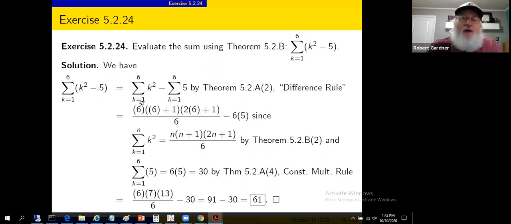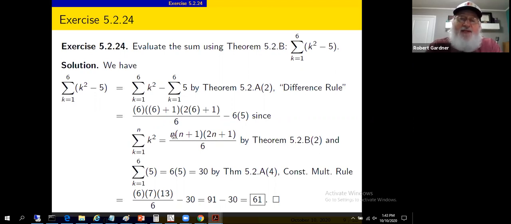And here we've got a sum from k equals 1 to 6 of k squared. Well, there's a formula for that. It'll be a formula involving the parameter 6. We had the sum from k equals 1 to n of k squared is n times n plus 1 times 2n plus 1 over 6. That's the theorem 5.2.b stuff.